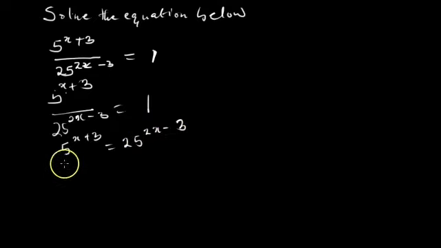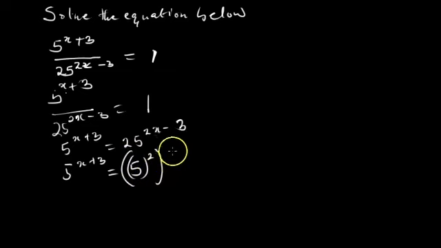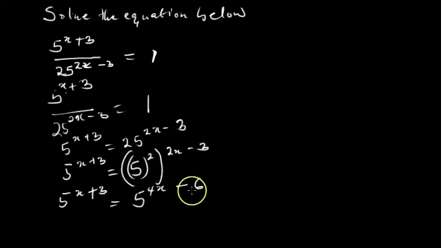At this stage, you know that 25 is 5 times 5, which is 5 raised to power 2, all raised to power 2x minus 3. So that 5 raised to power x plus 3 is the same thing as 5 raised to power 2 times 2x minus 3. Our product rule says that will be 4x minus 6.